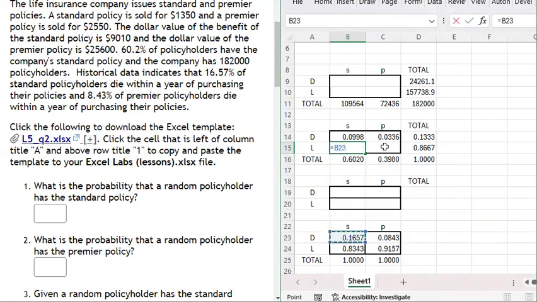I can divide the probability of L given S times the probability of S, right? Or I could subtract this from that. I get the same thing, correct?